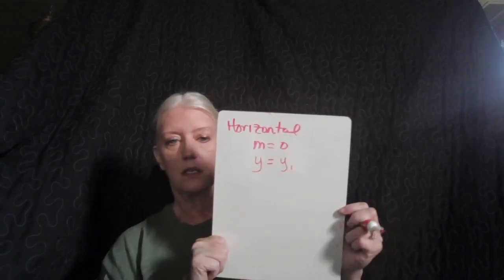So, recap. Horizontal, 0 slope. No money in the account. M equals 0. The equation for a horizontal line only crosses y. The equation is y equals y1.